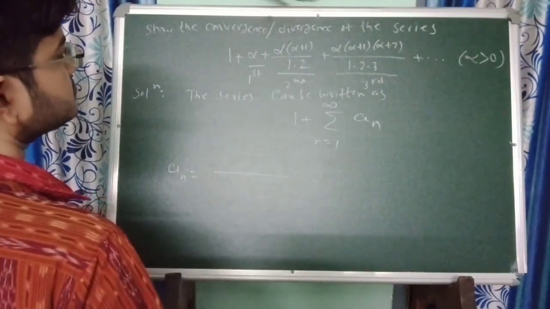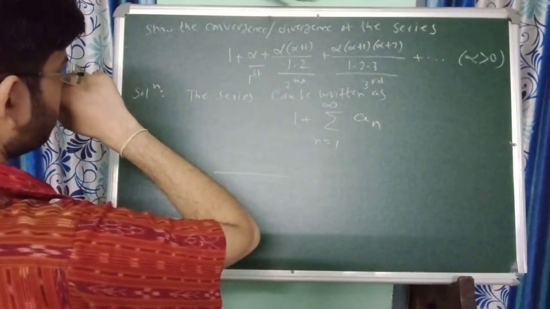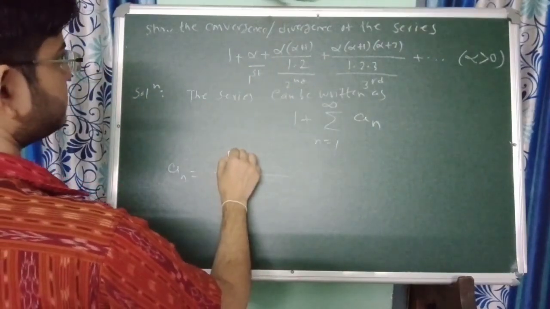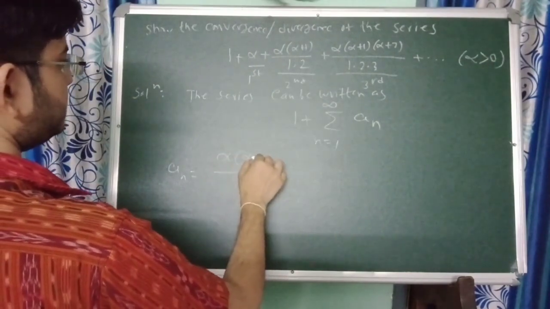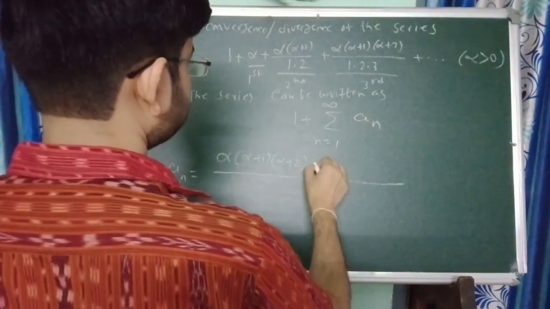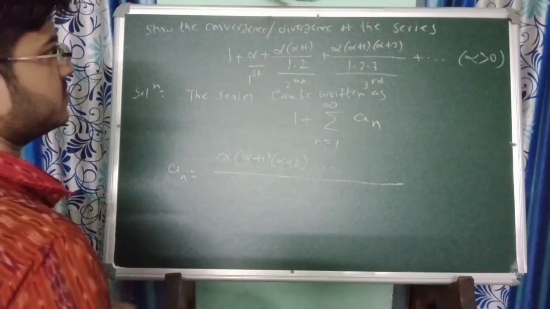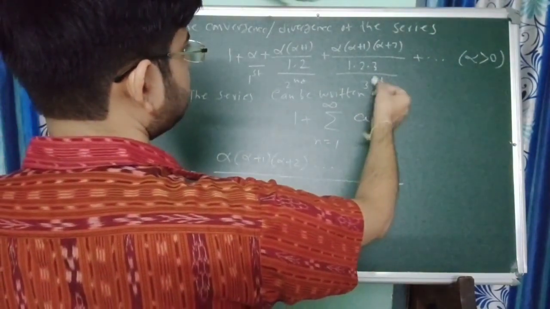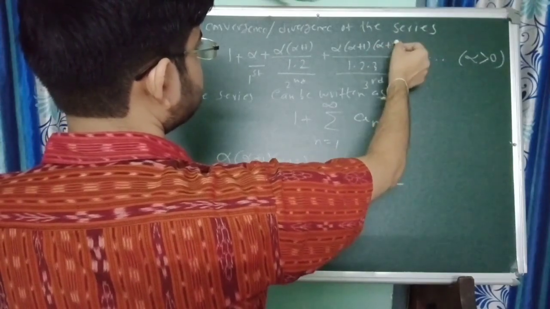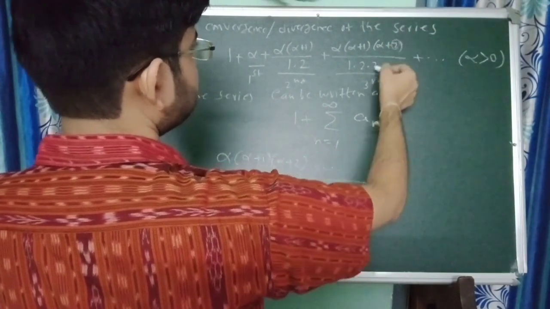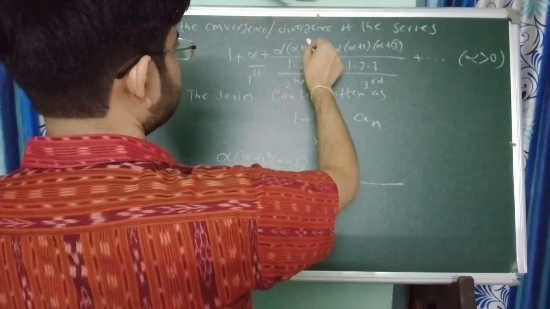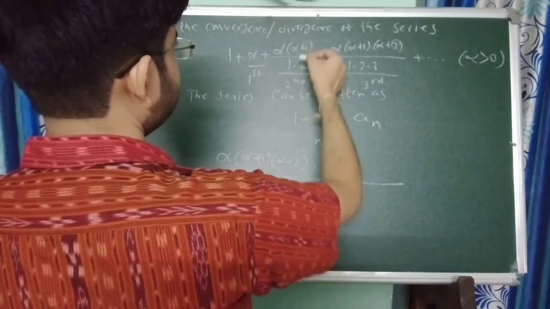In the first term, the numerator part is only alpha, and the next term has alpha plus 1, the next term alpha plus 2, and so on. In case of the third term, in the numerator part, the last expression is alpha plus 2, which is 3 minus 1, and in case of the second term, the last term in the numerator part is alpha plus 1, which is 2 minus 1.